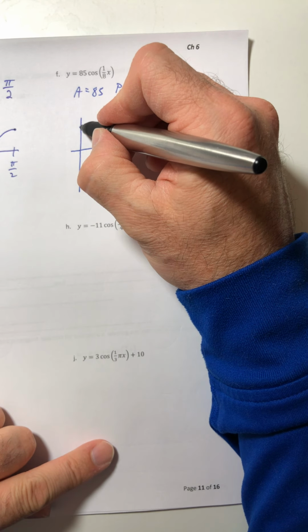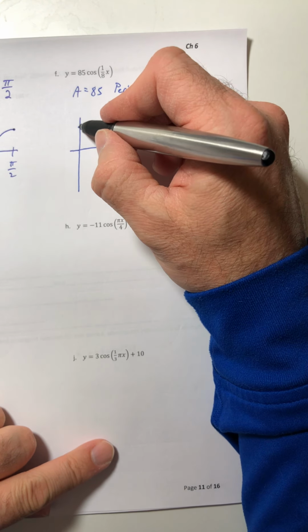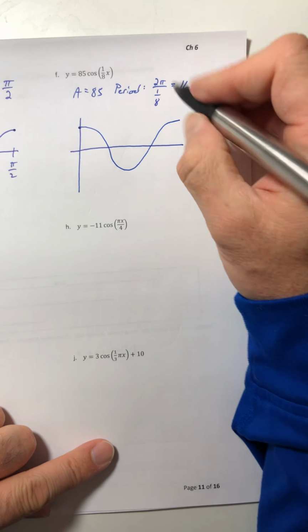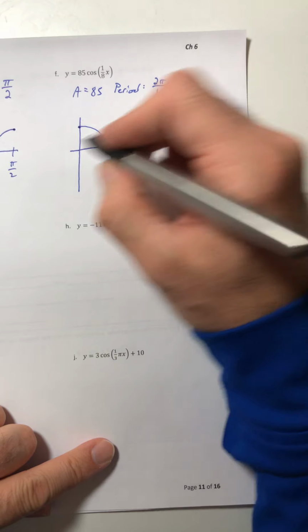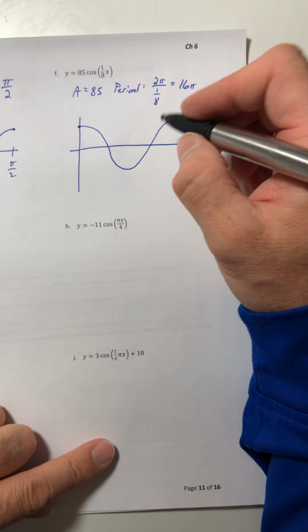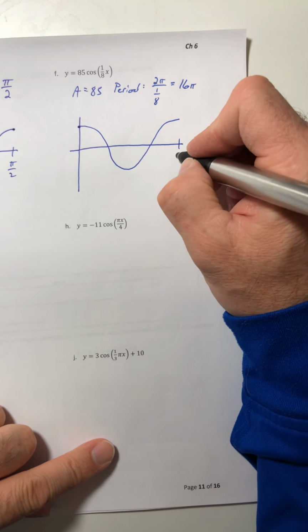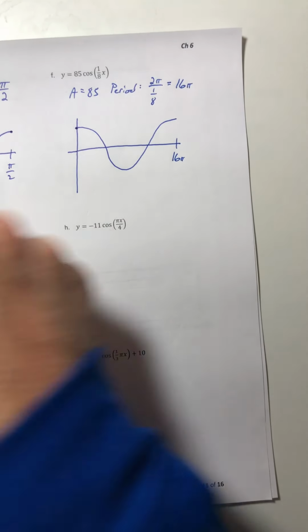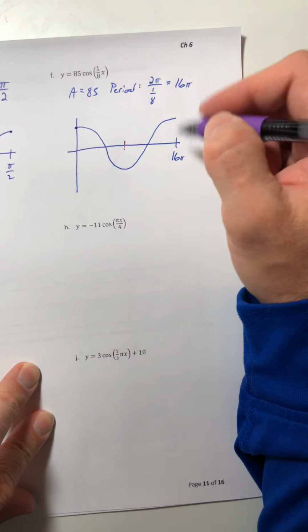Okay, so start up here. Draw your cosine curve. So it's still going from 0 out to 16 pi. That's the period. Cut it in half.